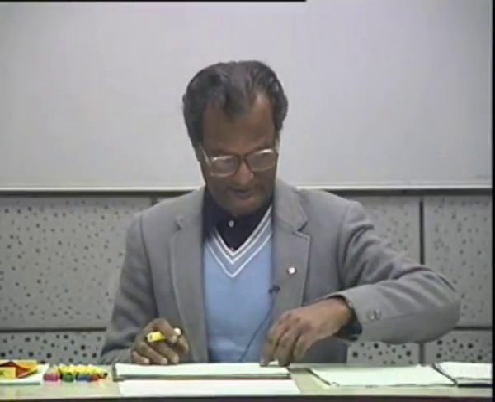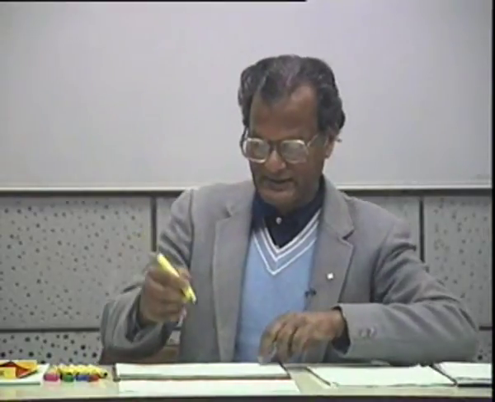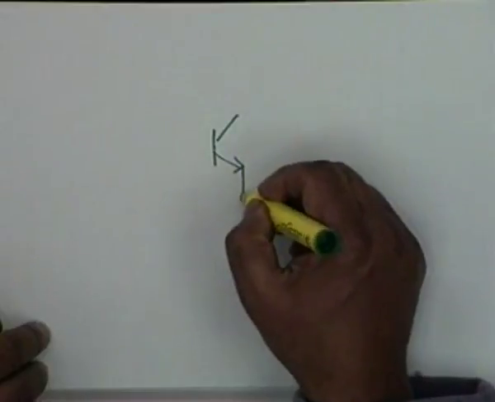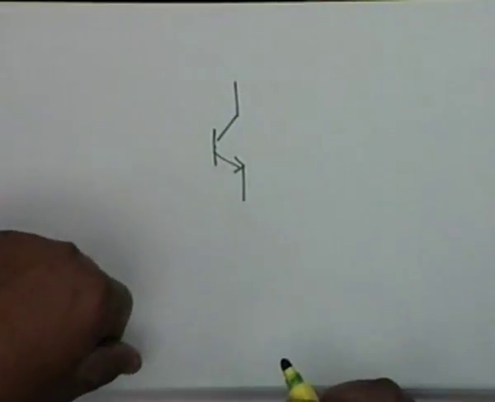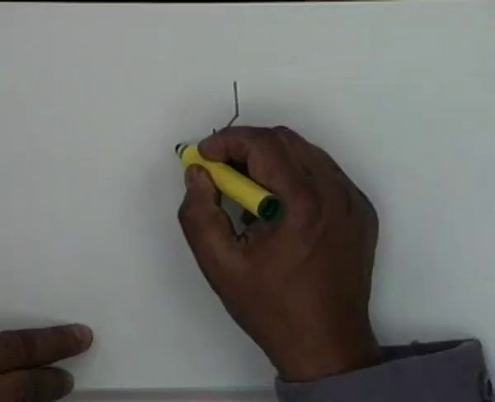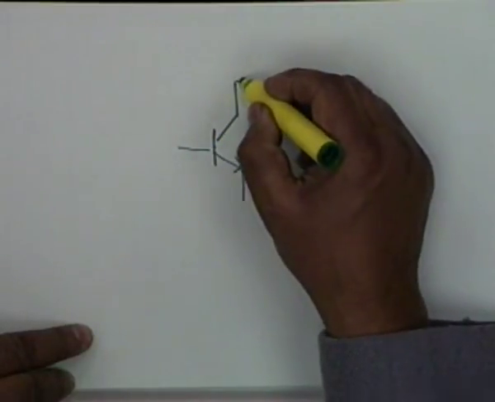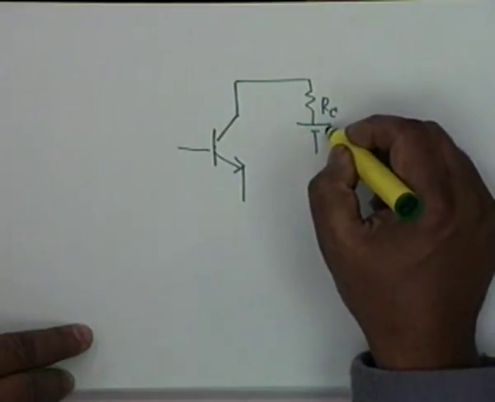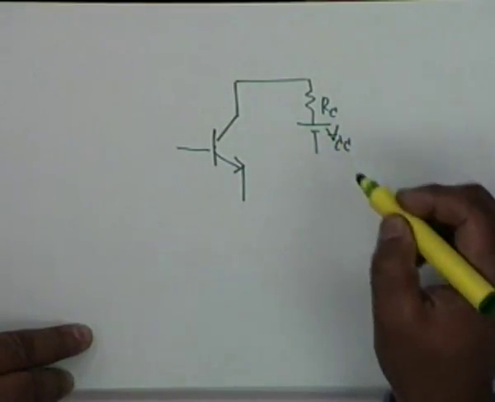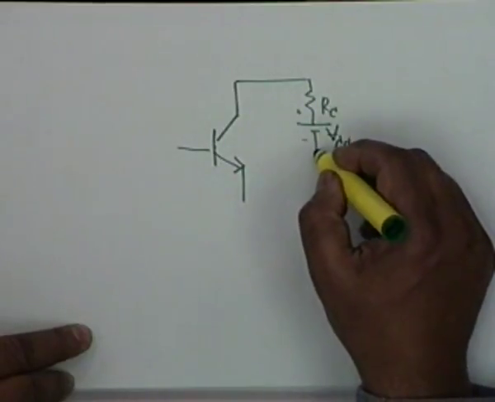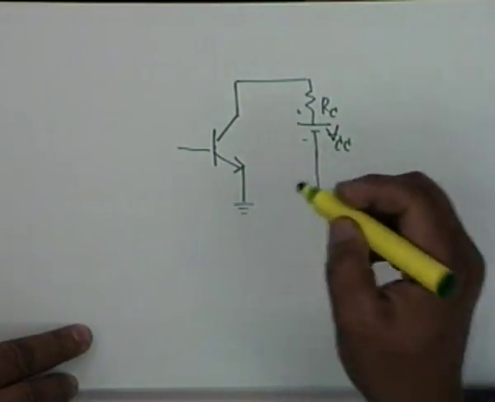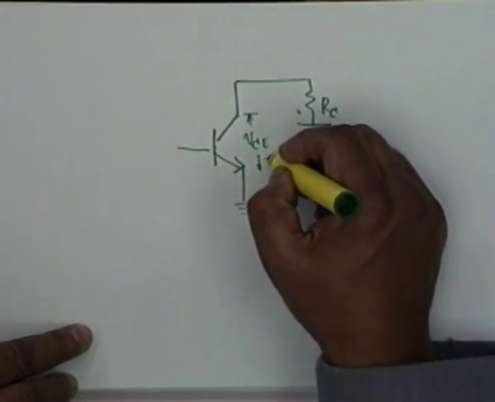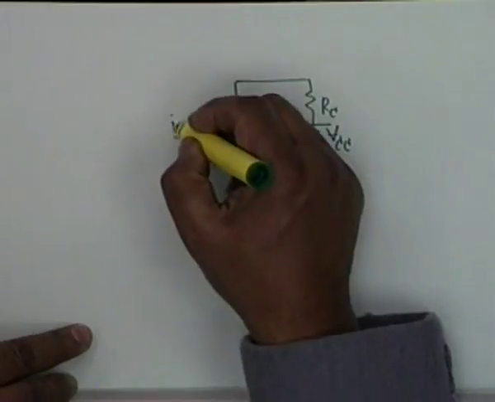Let's look at a typical transistor circuit. This is an NPN transistor, NPN because the arrow points out, and as I said there is an RC and there is a plus VCC. VCC is the positive supply, and this goes to ground. This is VCE, and this is IB.